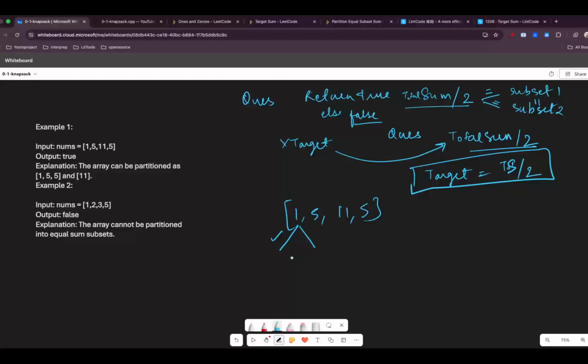So this inclusion exclusion was for a subset 1 scenario only. So here also, if we are including 1, here we got 5, 11, 5 only. This is how our subset became. So now at this point, we are left with 5, 11, 5.